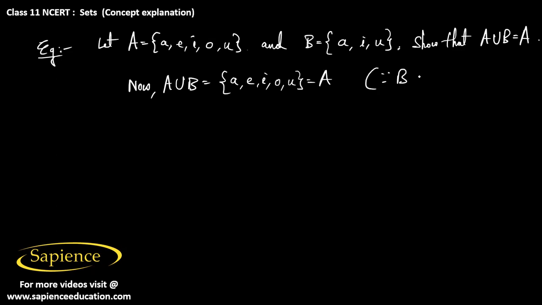Since here we can see that B is a subset of A, so B union A will be equal to A.